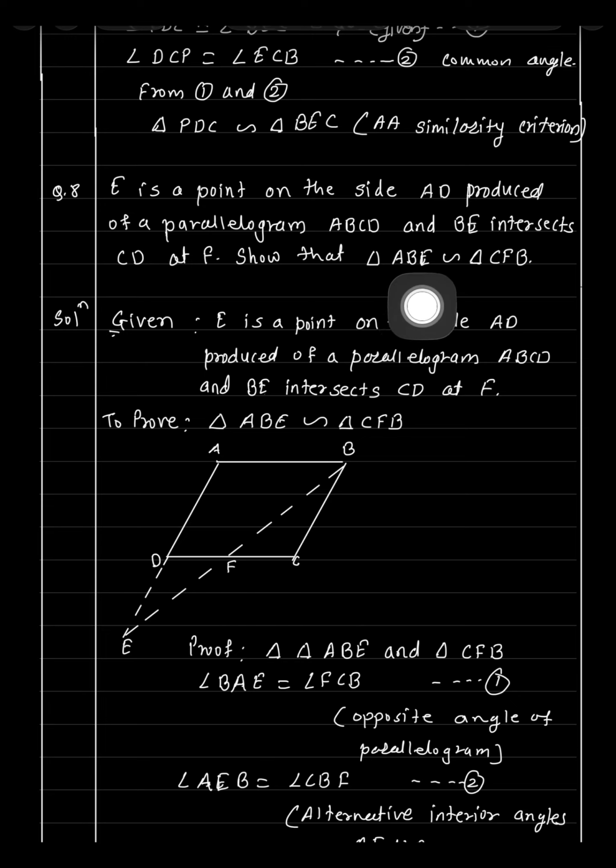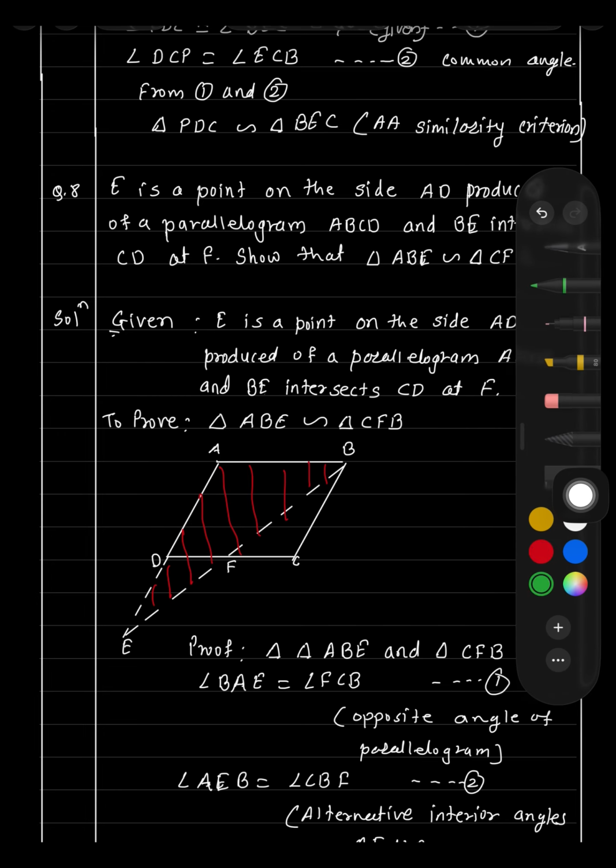So show that this triangle ABE is similar to triangle CFB. CFB means this one.